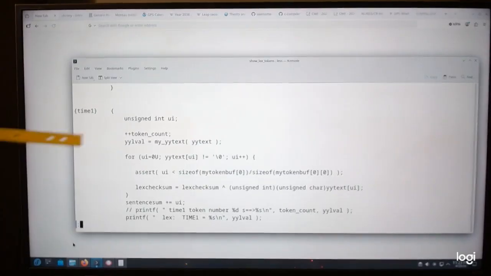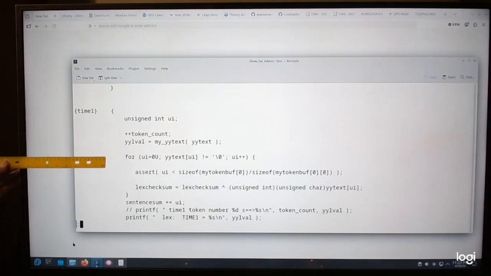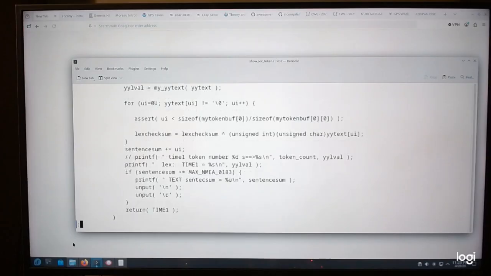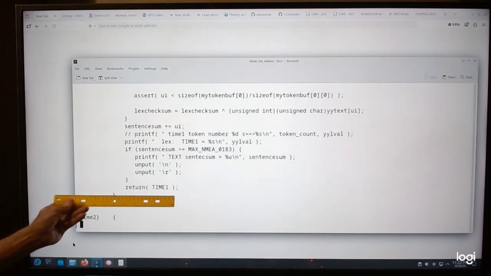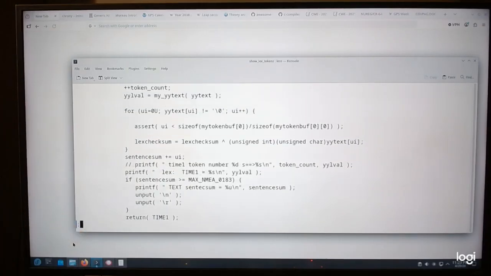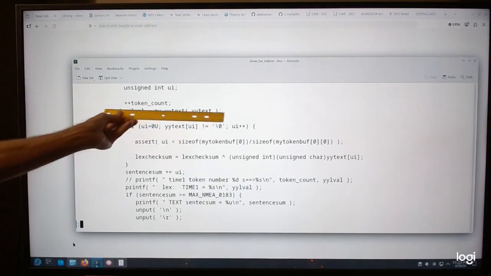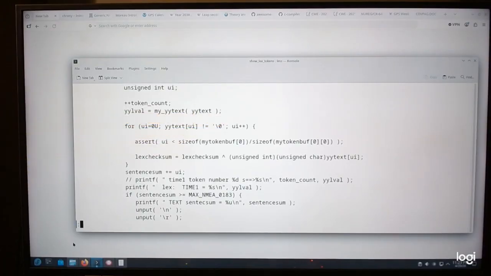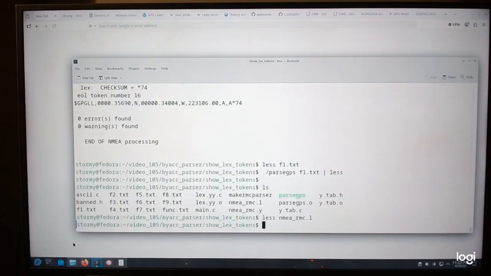And so here's time 1 right here. The last thing I do is return the time 1 token, and I do return the text of that. Anyway, let me get out of that. I just wanted to show you that a little bit. Now, let me get back to my notes.